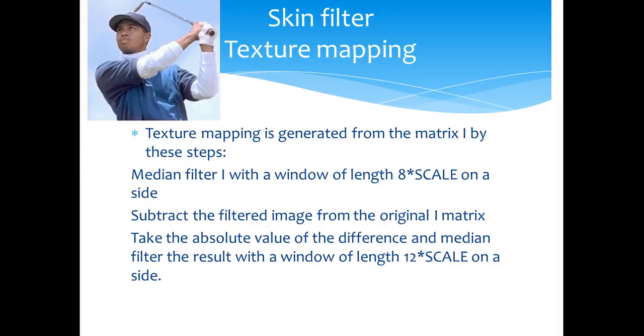First, median filter I with a window of length 8 times scale on a side. Second, subtract the filtered image from the original I matrix. Third, take the absolute value of the differences and median filter the result with a window of length 12 times scale on a side.